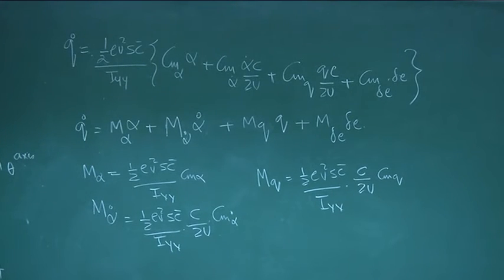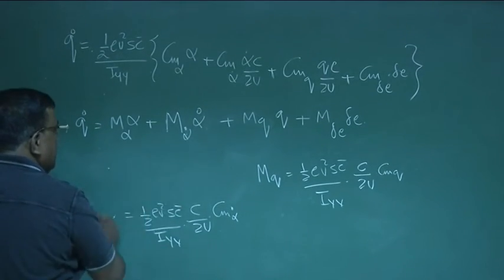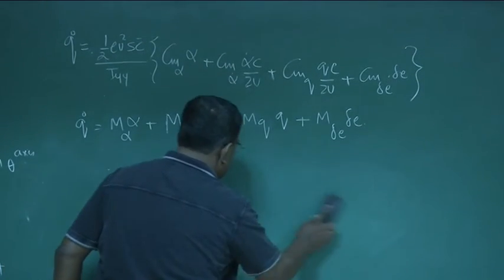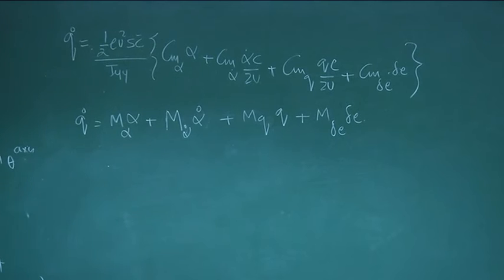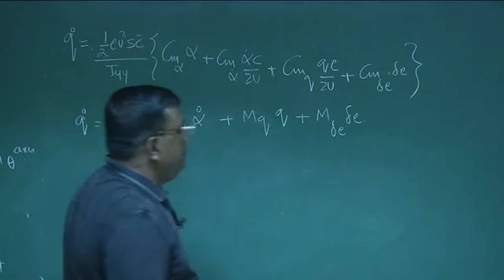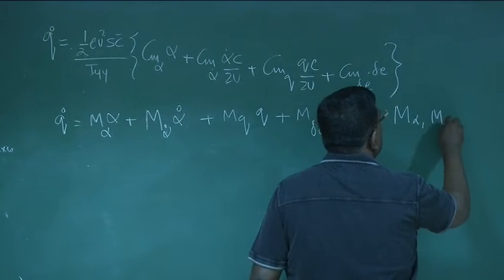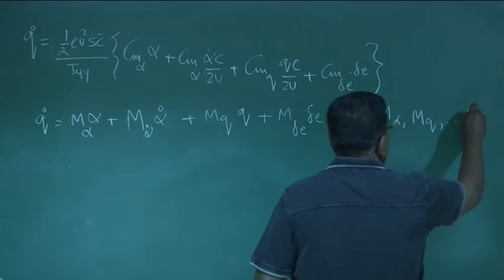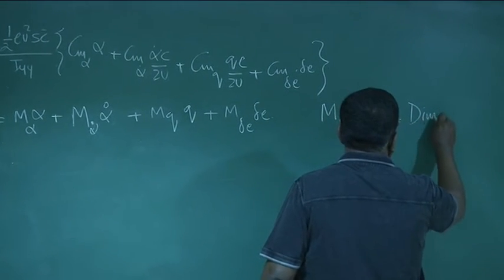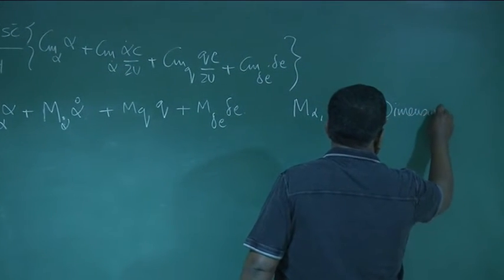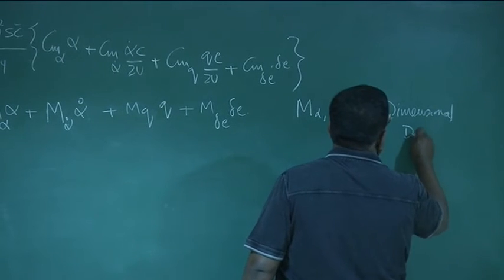So you allow me to write this q dot as this, where m alpha, m alpha dot, mq and m delta E are referred to as dimensional derivatives. So m alpha, mq, etc. are known as dimensional derivatives.